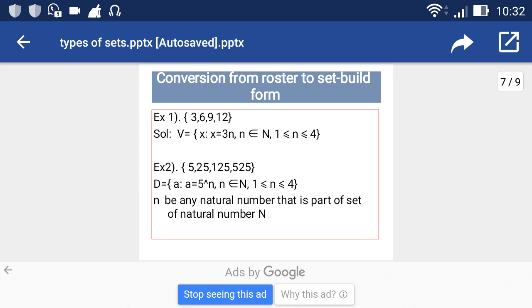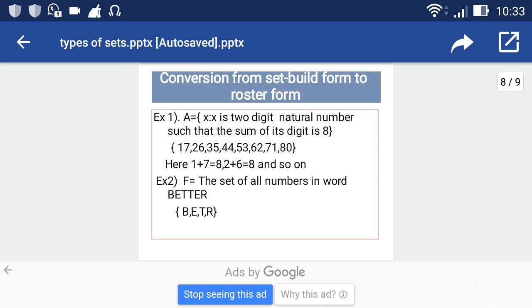If I take n equal to 1, 5 raised to 1 gives 5; 5 raised to 2 gives 25; 5 raised to 3, that is 5 cubed, gives 125; and 5 raised to 4 gives 625. So n lies within 1 to 4 and n is any natural number, which means n belongs to capital N, the set of all natural numbers.